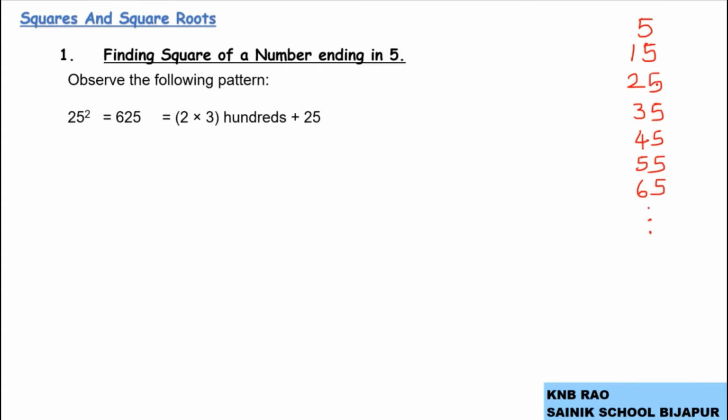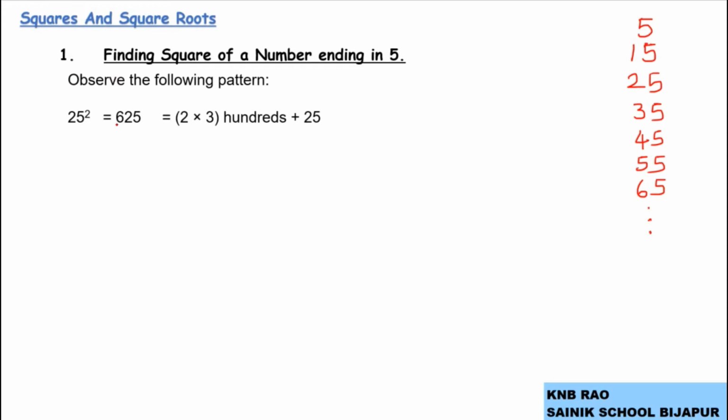First, let us take 25 square. 25 square is 625. You know how to find square of any number? Similarly, you find out and you can see that 25 square is 625.